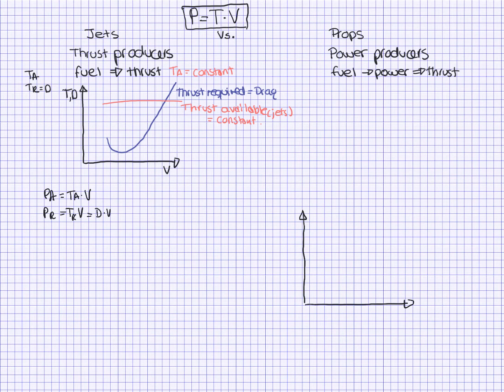So if we're talking about props and we're drawing power, thrust, and drag on the y-axis and then velocity on the x-axis, we'll draw first thrust required, and thrust required is the same as drag.